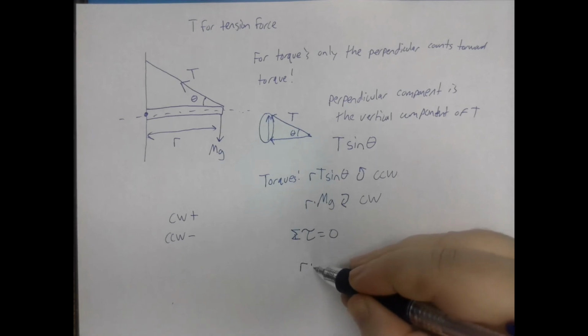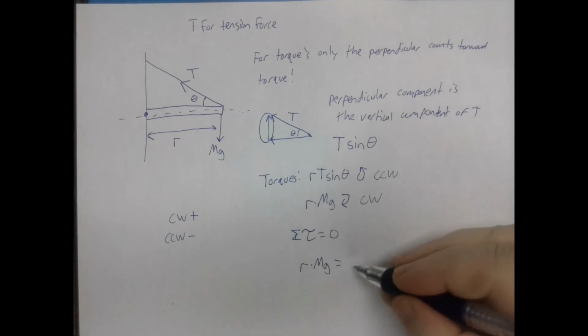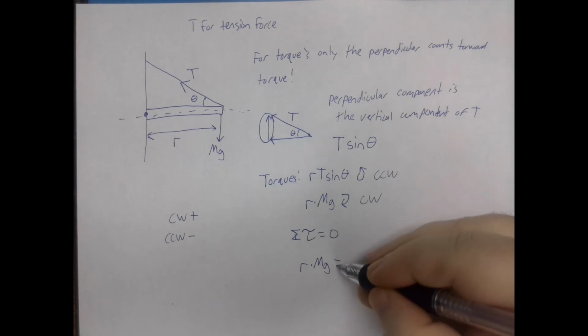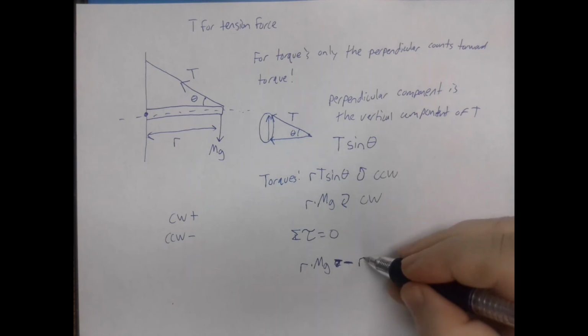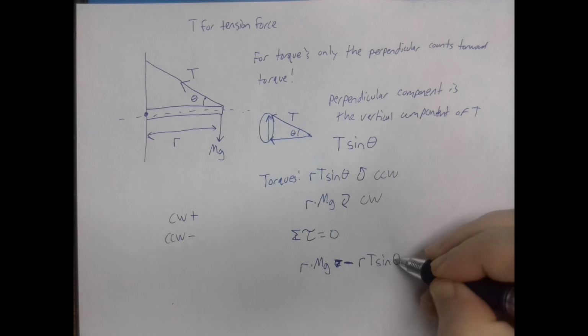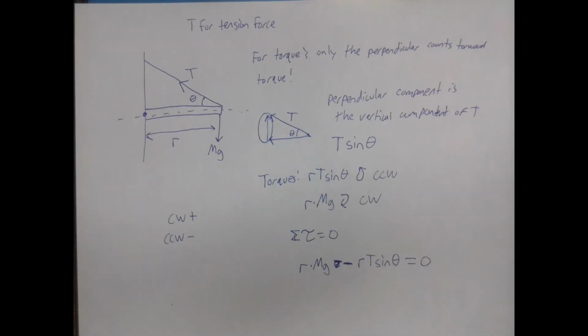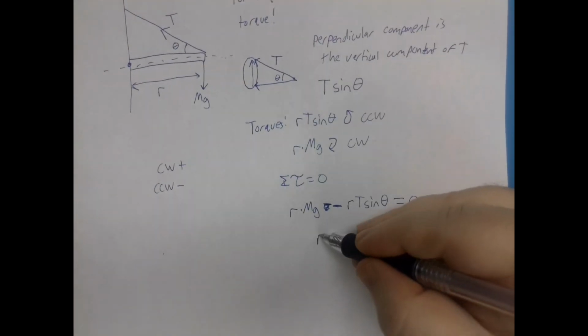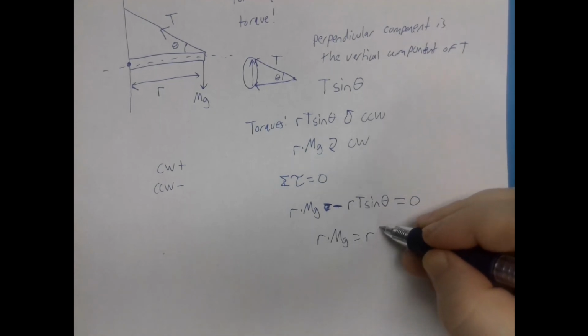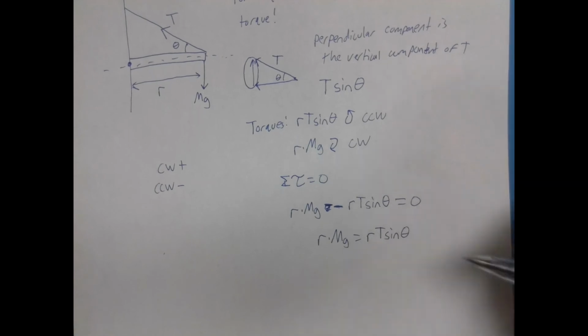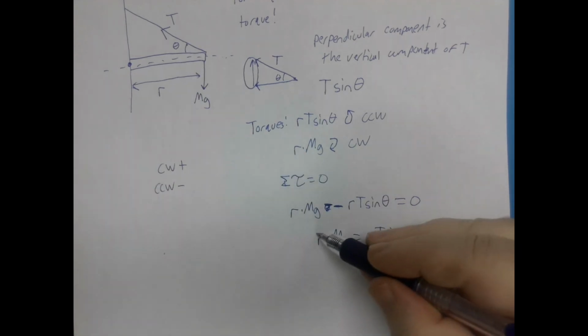So r times mg minus rT sine of theta equals 0. So r times mg is equal to rT sine of theta. Notice that since they're at the same r distance, the r's cancel out.